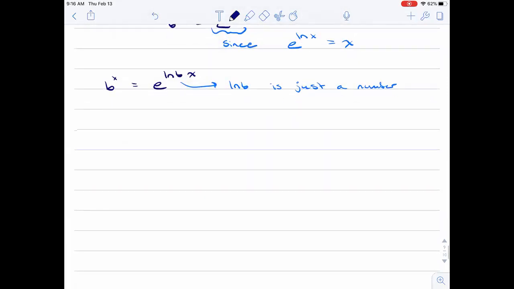So then d dx of b to the x is also d dx of e to the log b times x.